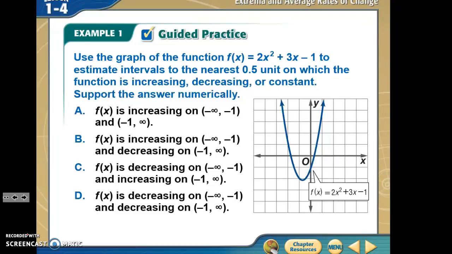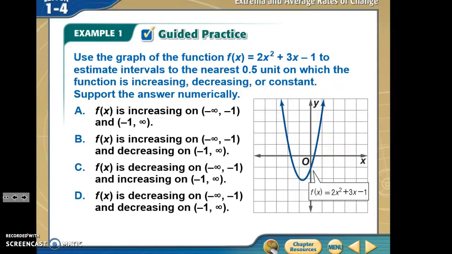Now, what's the difference between A and C? So this one, it just says it's increasing on 2 intervals. We're saying C. Now, what can we eliminate? What can you eliminate? Problem solve. It's a multiple choice, so use your logic to narrow your options. Which ones can we eliminate?